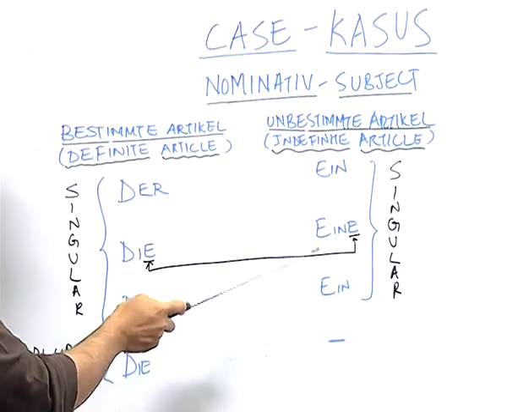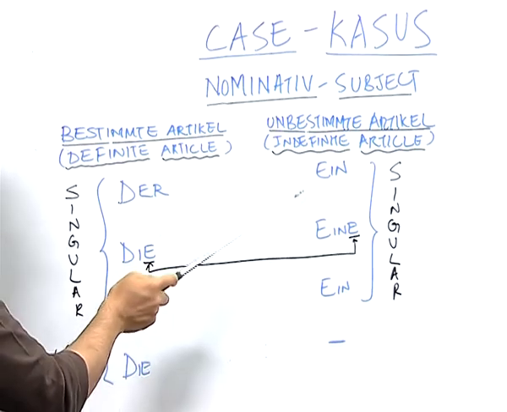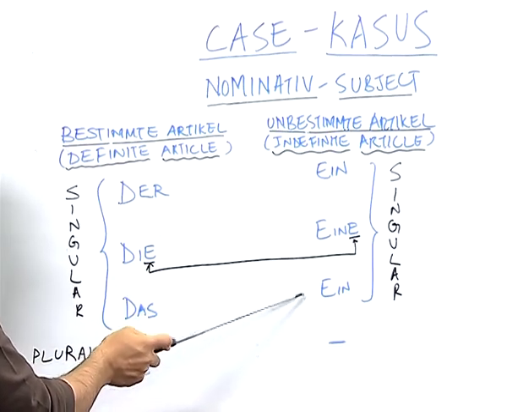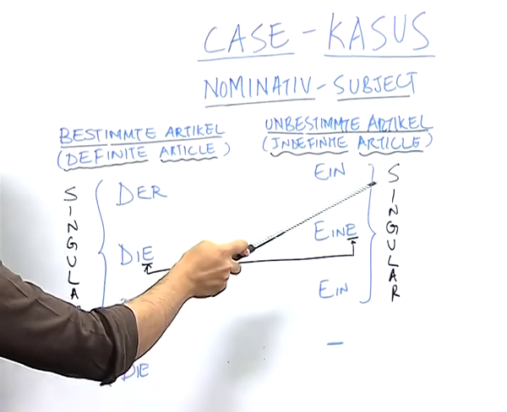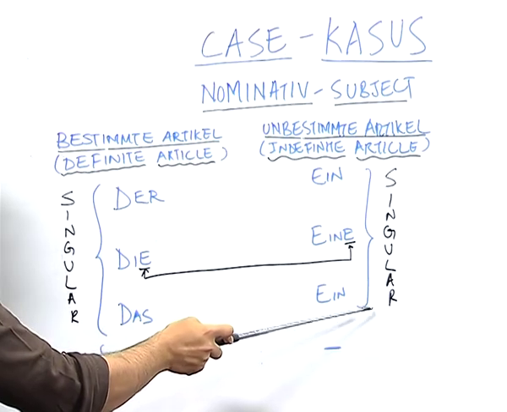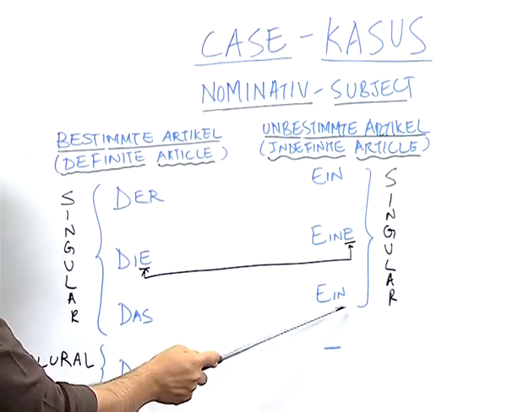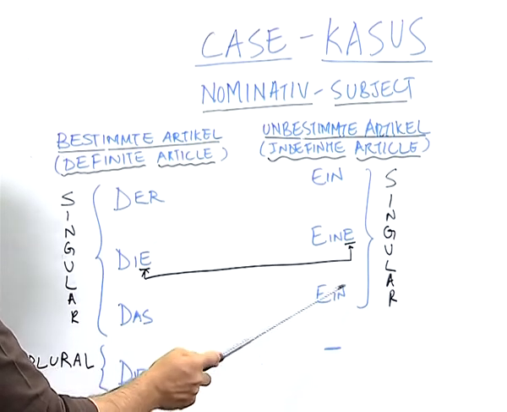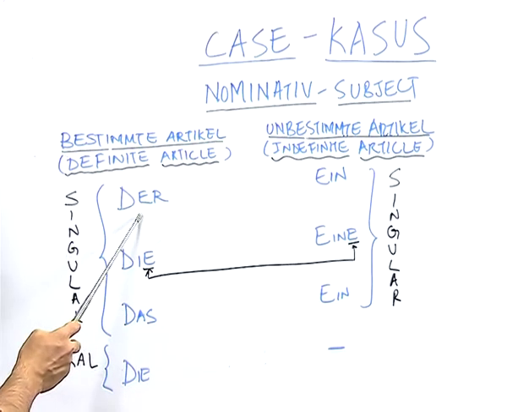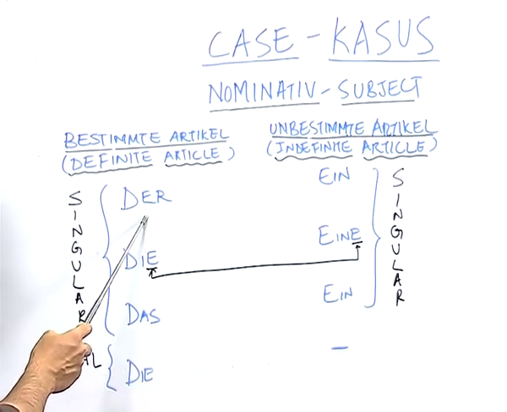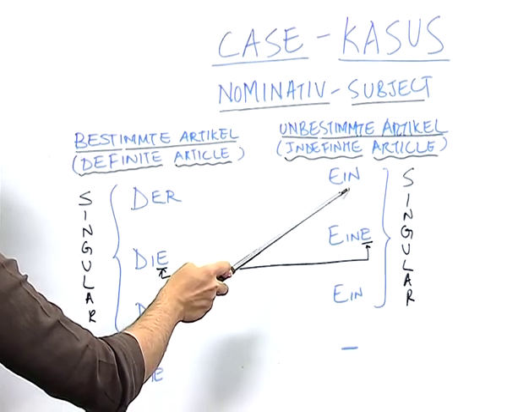Ein, eine, ein. I would like to tell you that these 3 articles are only singular in nature, and with their corresponding definite article, they always appear together. For example, the definite article der has the corresponding indefinite article ein.